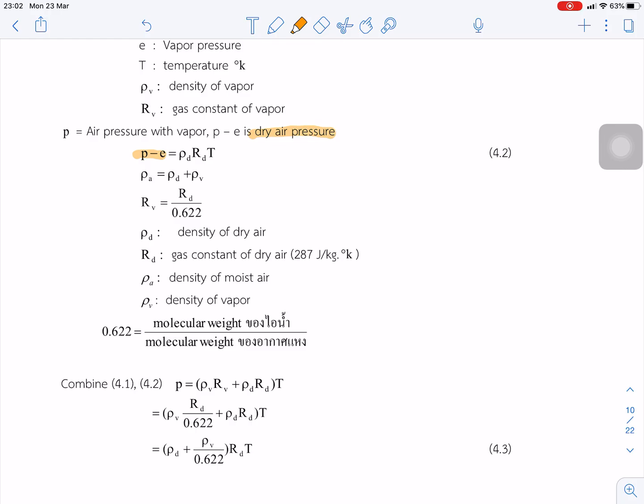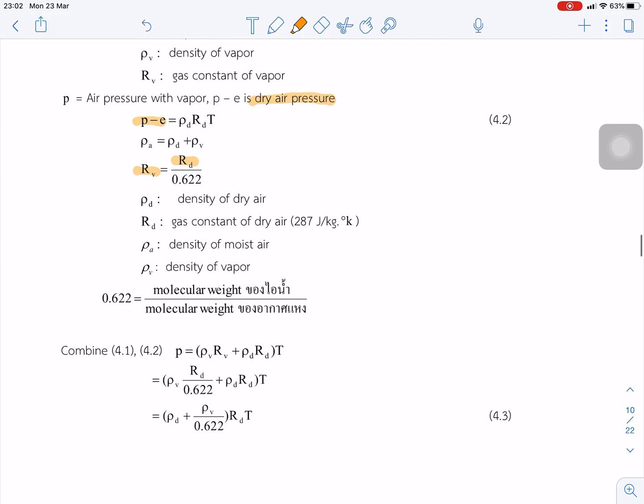The gas constant relationship between wet air and dry air is based on this equation. The molecular weight of the vapor divided by that of dry air is about 0.622.